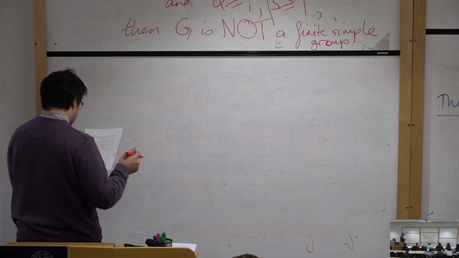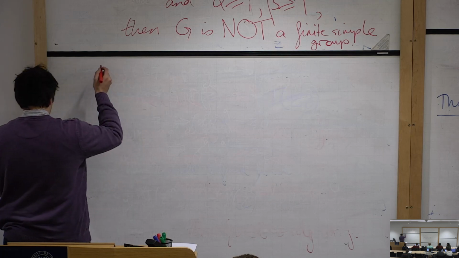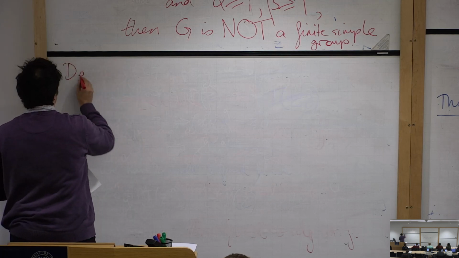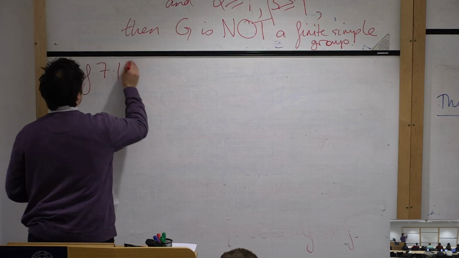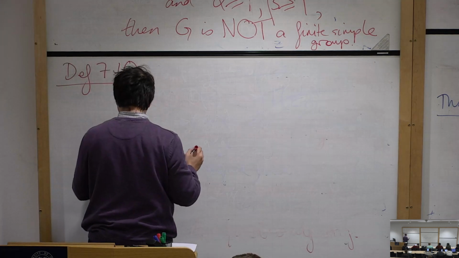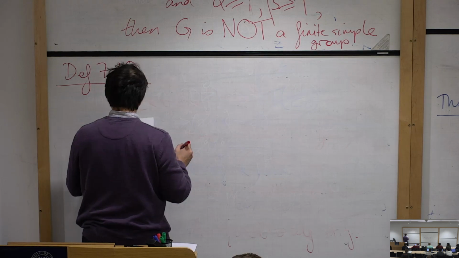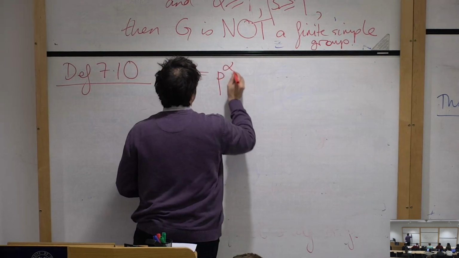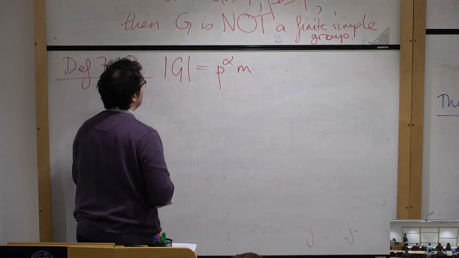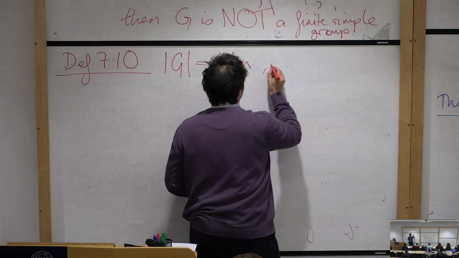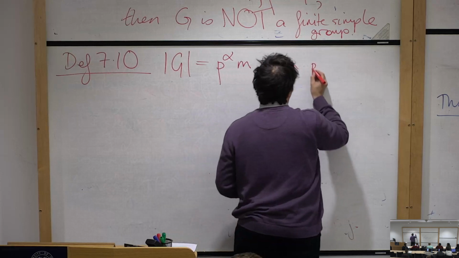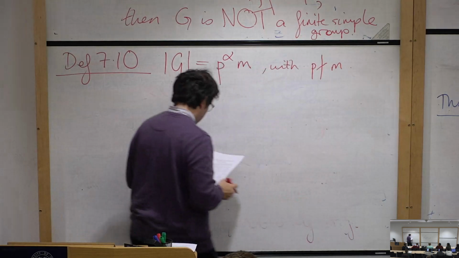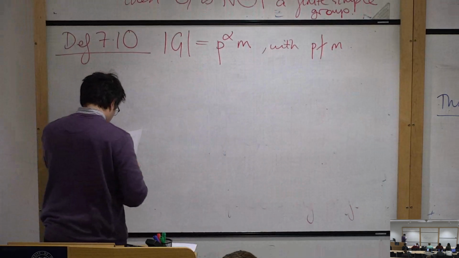So there was something called Sylow's theorems. Let me just do a brief reminder. Let's say we have a finite group G of order p to the alpha times m, with p not dividing m.